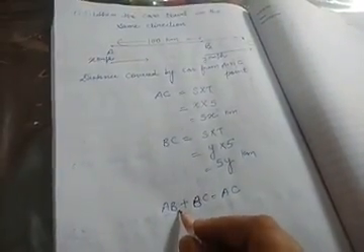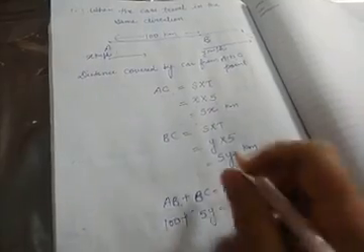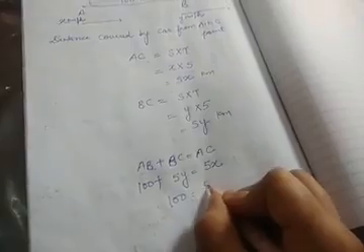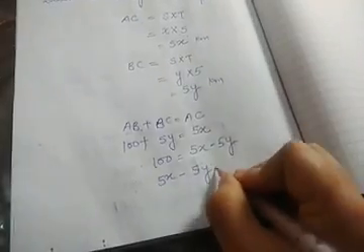What is AB distance? 100 kilometer, we have been given. And what is BC distance? 5y. And what is AC distance? That is 5x. So keep variable terms on one side and constant on one side. So we can say we have one equation, 5x minus 5y equals 100.